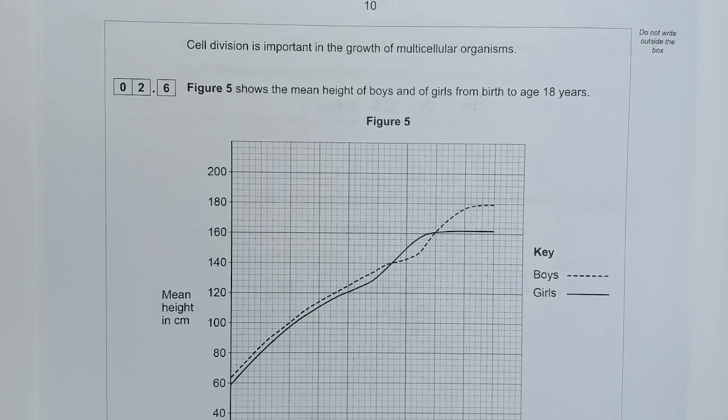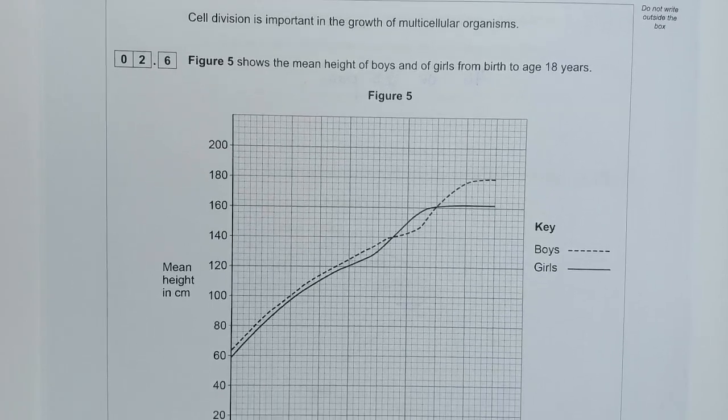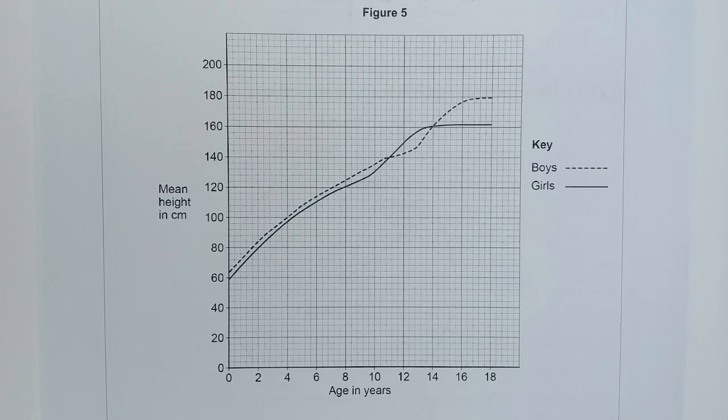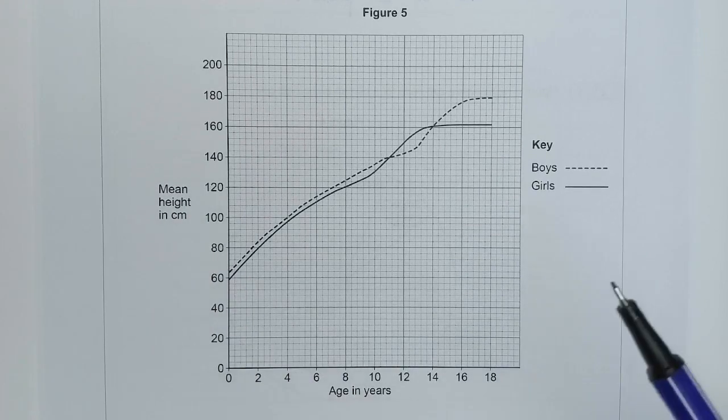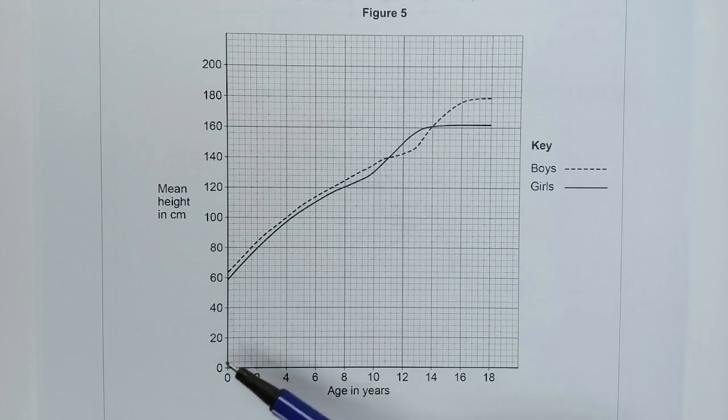Cell division is important in the growth of multicellular organisms. Question 2.6. Figure 5 shows the mean height of boys and of girls from birth to age 18 years. So let's have a look at the graph. In the graph, as you can see, the mean height in centimeters is on this side.